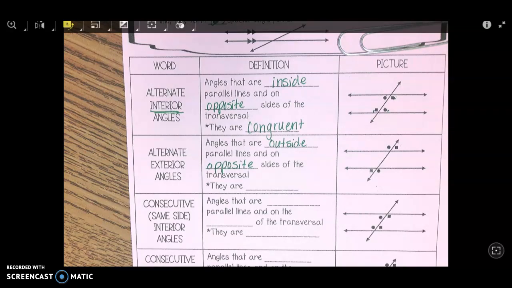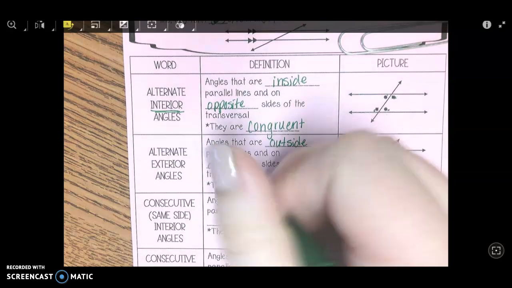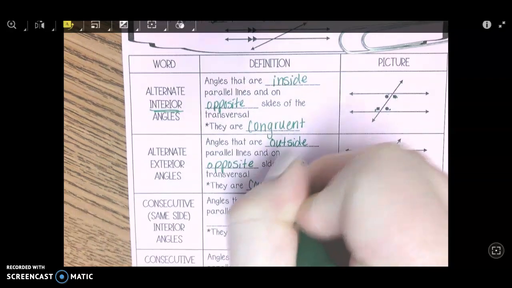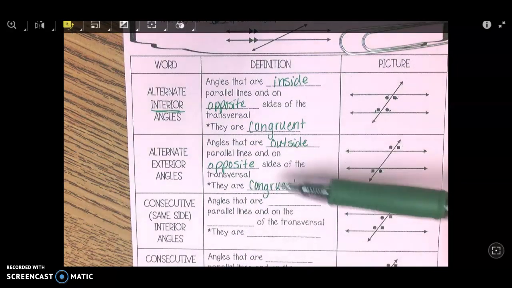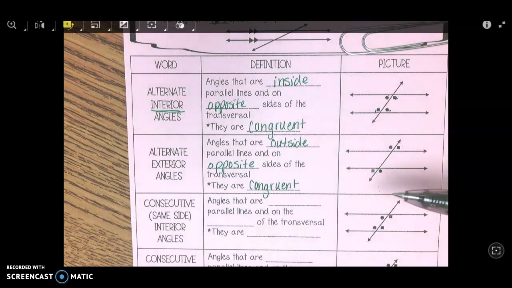All right, they are congruent. Alternate exterior angles are congruent.